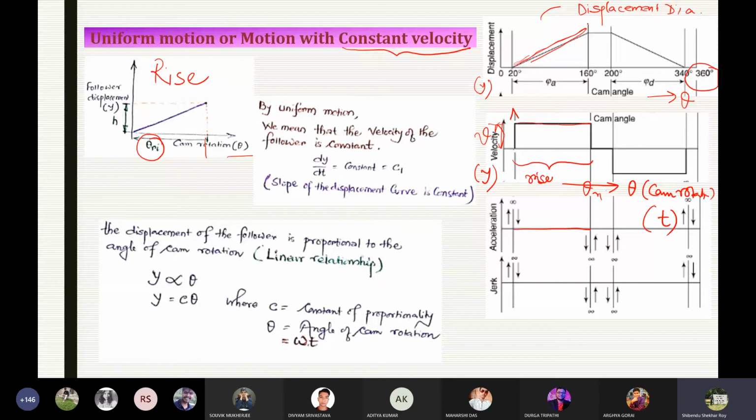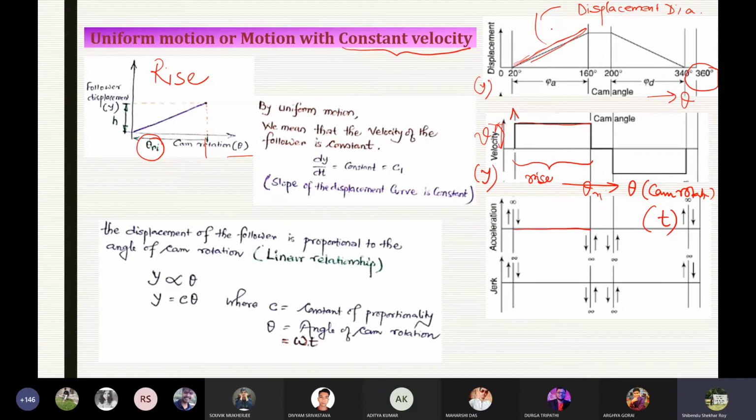Now, in uniform motion, the displacement of the follower is proportional to the angle of cam rotation. That means it has a linear relationship, which you have already identified. That means y equals c theta.